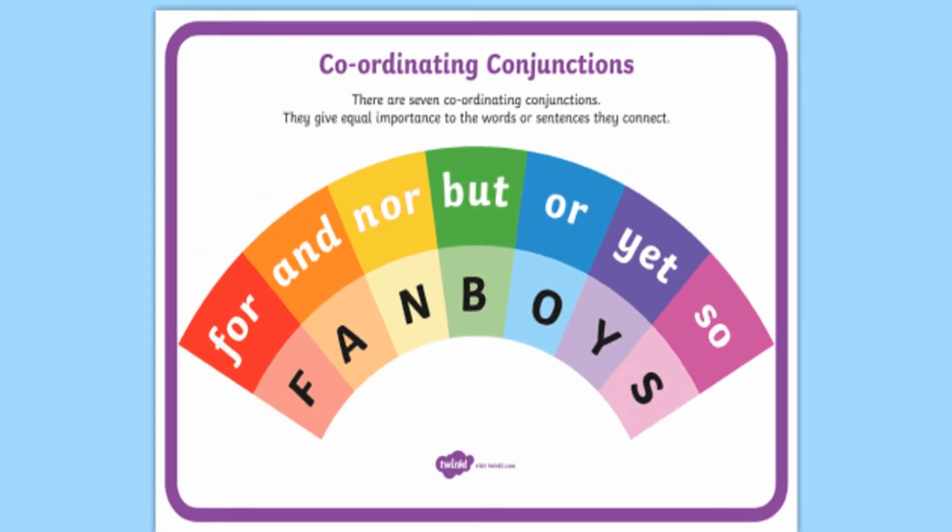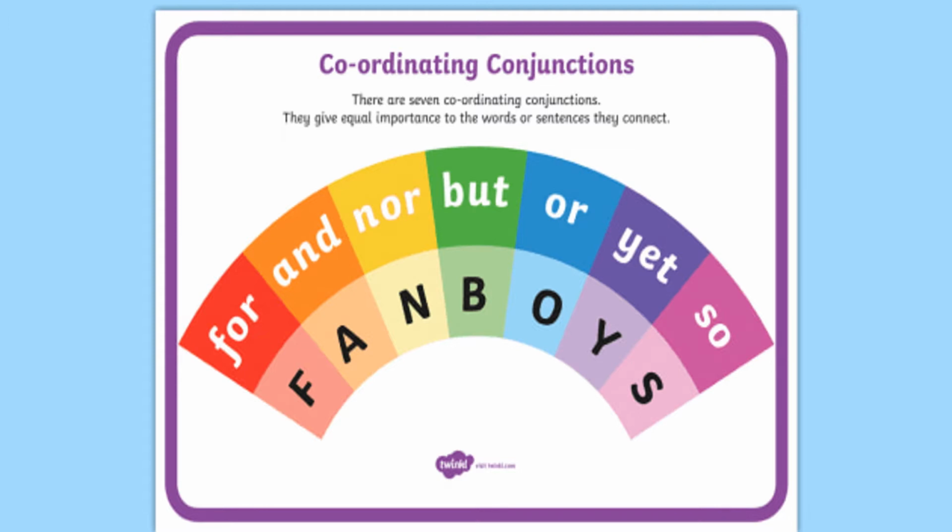Yes, the examples of conjunctions are for, and, nor, but, or, yet, and so. These are the words used in a sentence to make it a meaningful and a long sentence. To make it easy for you, it is called fanboys. So every alphabet represents one conjunction.